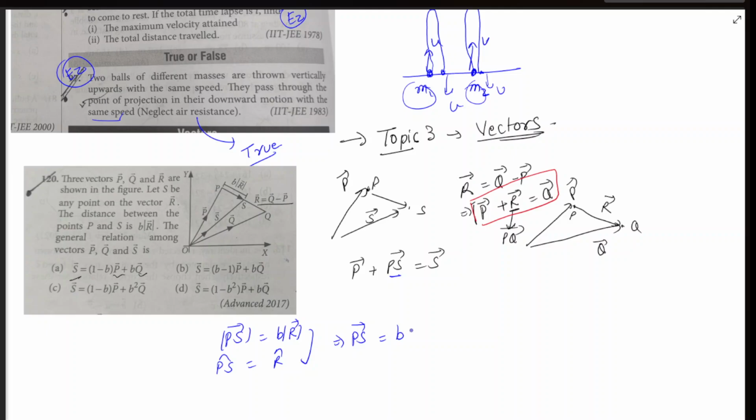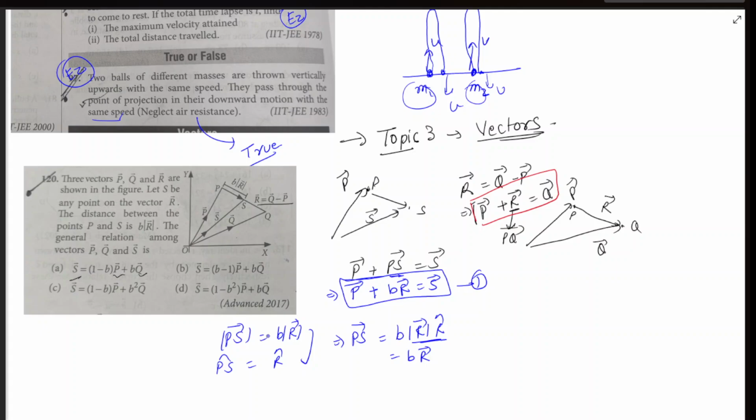PS vector I can write as P vector plus the magnitude of R times R cap, where R cap is R vector itself, so P vector plus B R vector is equal to S vector, right? This is our first equation.